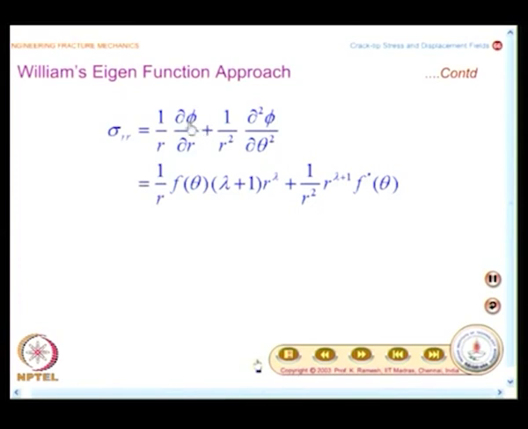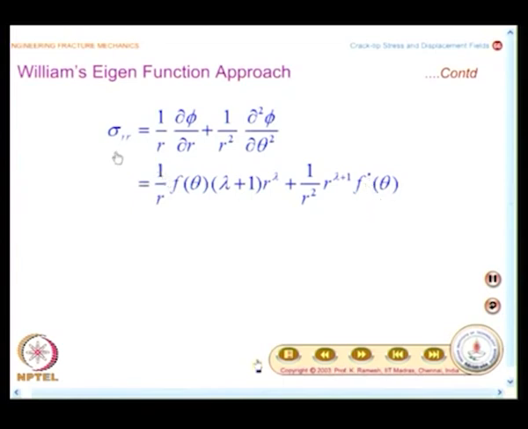So, when I substitute this, the expression for sigma rr turns out to be 1 by r f of theta lambda plus 1 r power lambda plus 1 by r squared r power lambda plus 1 f double prime theta. You have to write this carefully, f double prime theta.